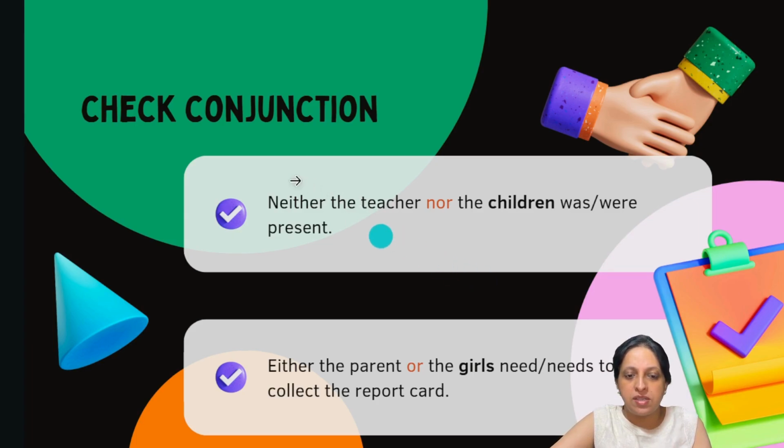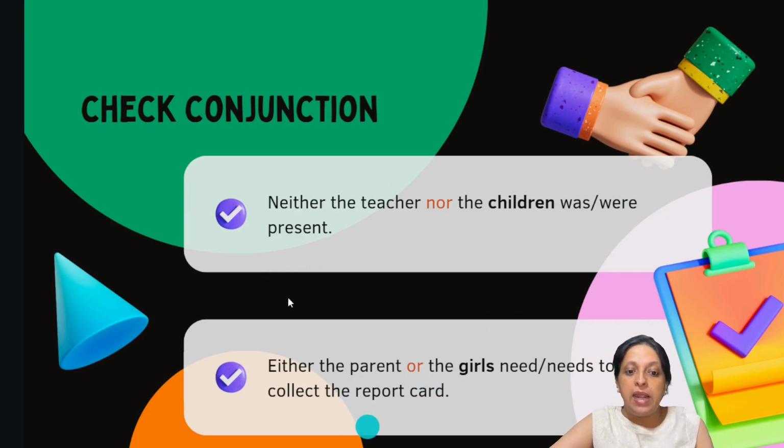Teacher is a subject and children are also subjects. We said that neither nor, either or, whenever we are using them with singular subjects, we use a singular verb. But here, are we using singular subjects? No. We are using neither the teacher nor the children. So one of the subjects is plural. Therefore, we have to take a plural verb.